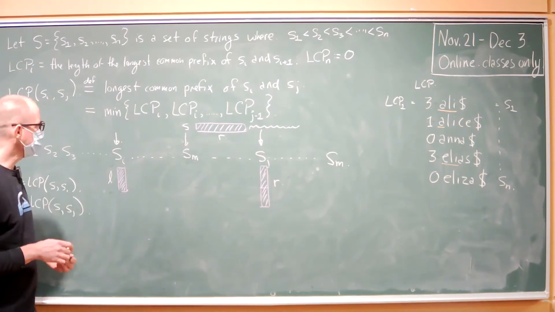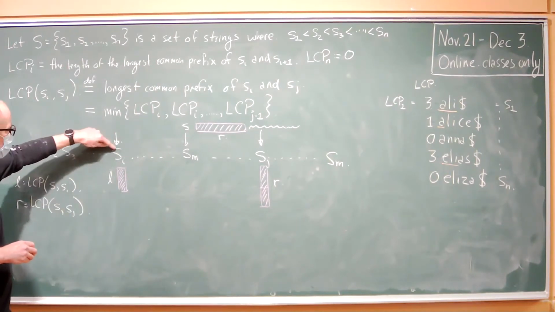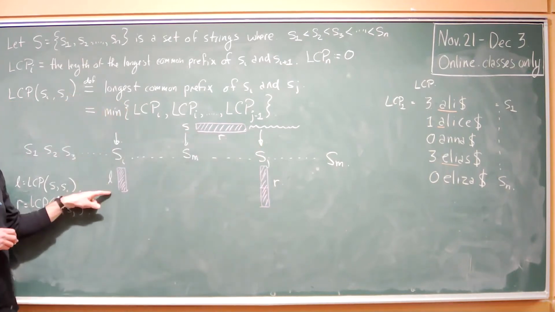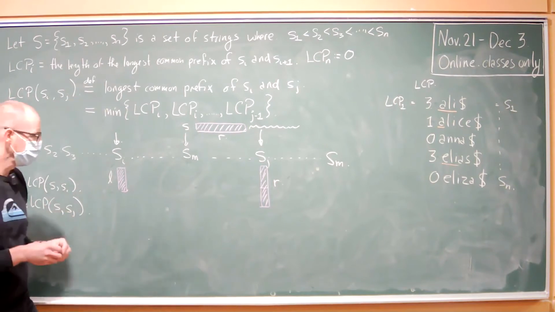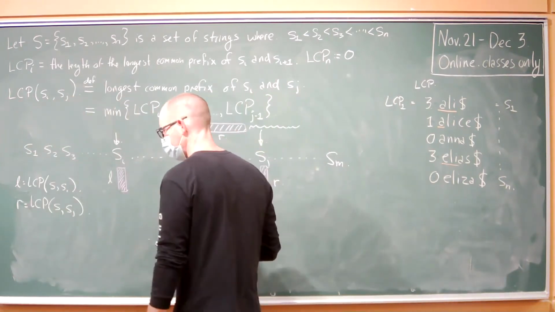All right. So we know for sure that if I ask what's the length of the longest common prefix between Si and Sj, it's something that's bigger than or equal to L. Okay. So what are the possibilities?